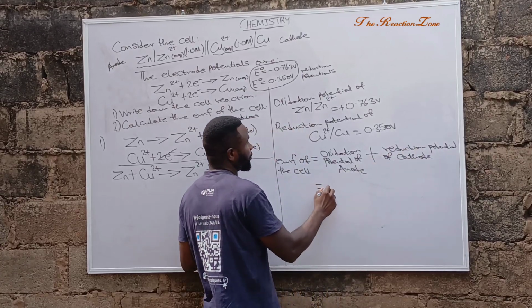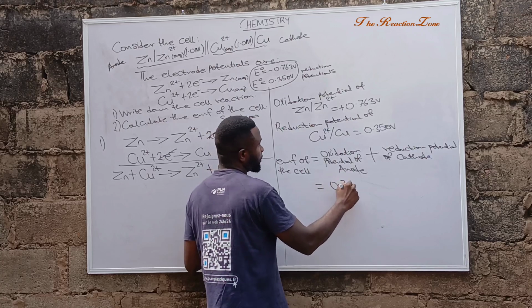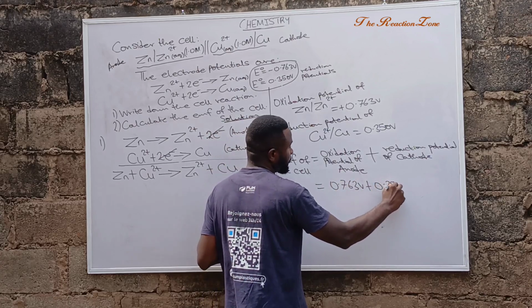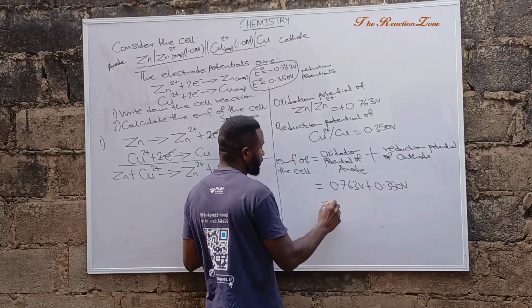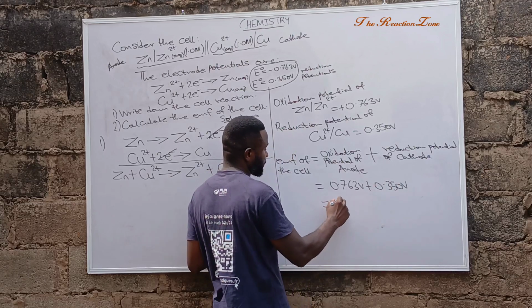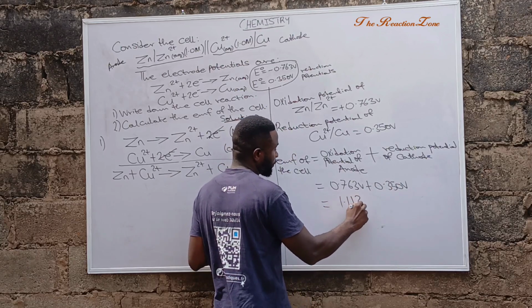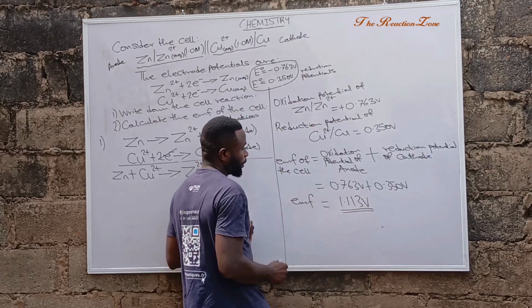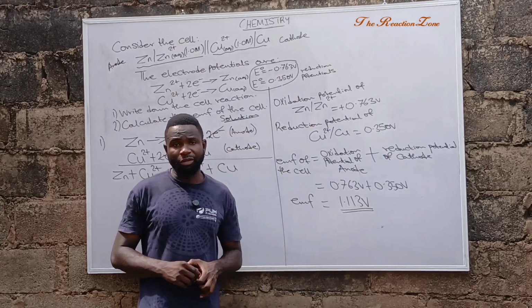So this is simply going to become 0.763 volts plus 0.350 volts. We add this, it is going to give us 1.113 volts. So it means that EMF is simply going to be 1.13 volts.